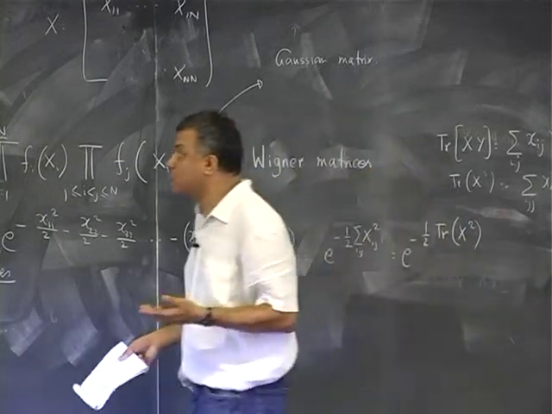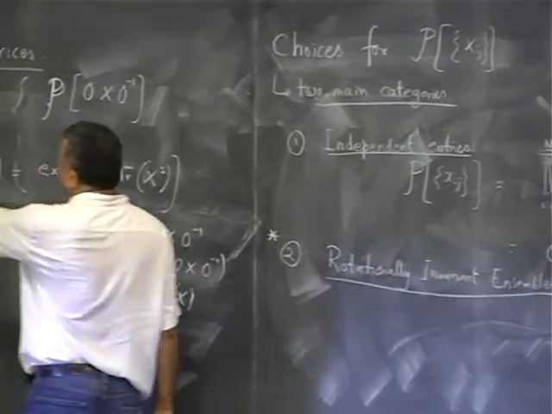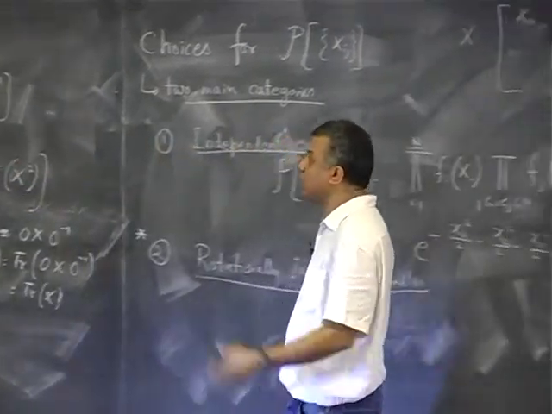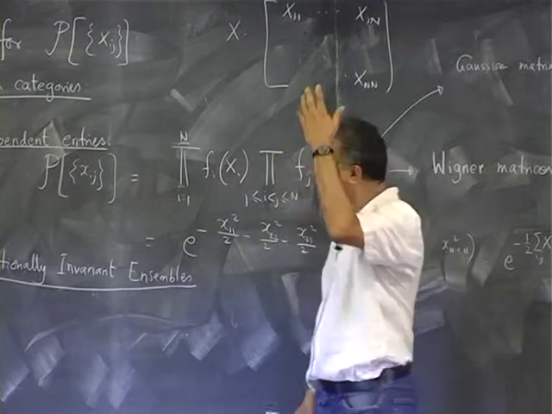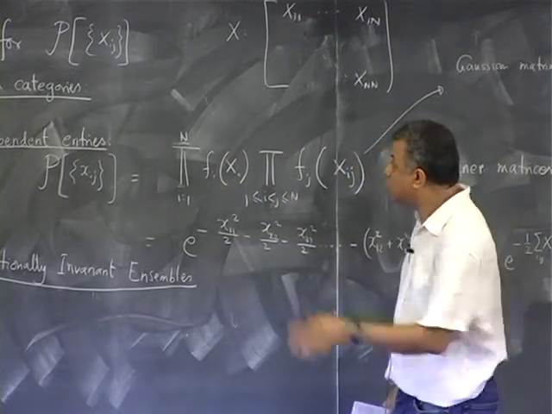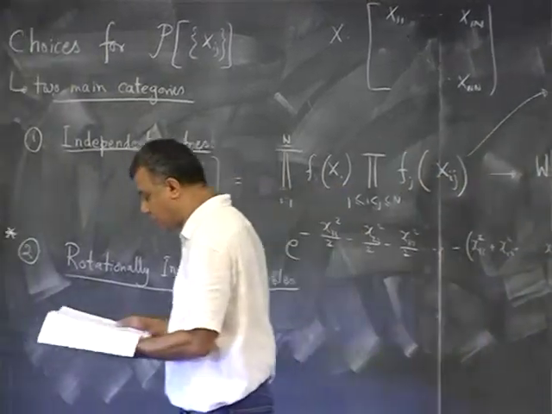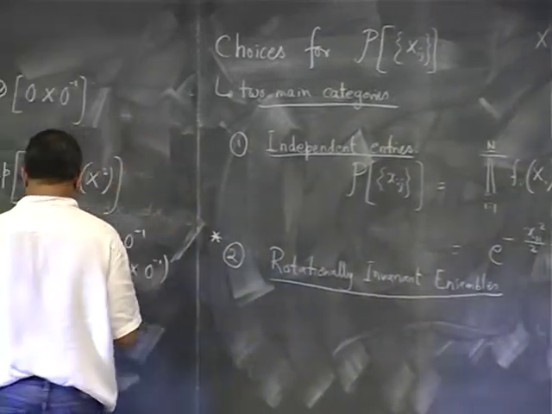So you should definitely use rotationally invariant ensembles for studying physical systems. When X represents a Hamiltonian of some system, then it should be rotationally invariant. So there are these two classes of matrices: rotationally invariant matrices and the independent entries matrices.